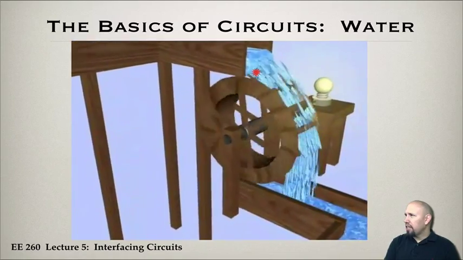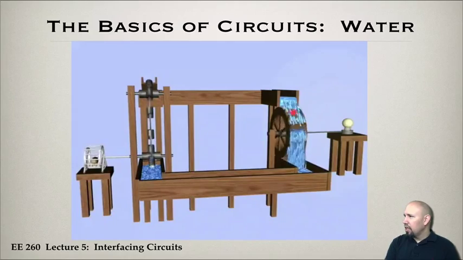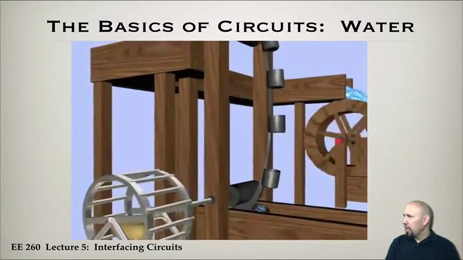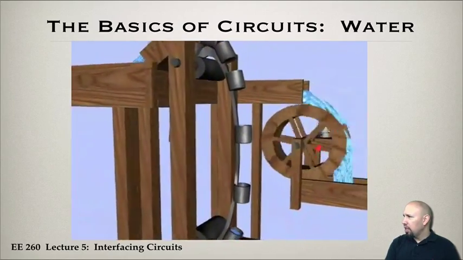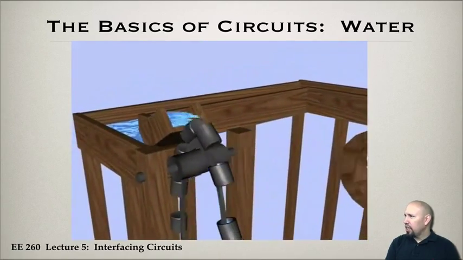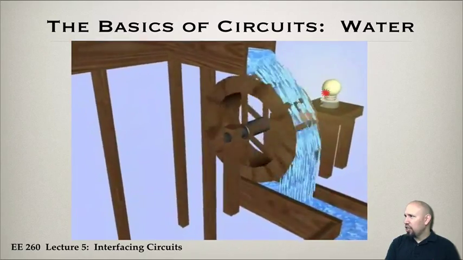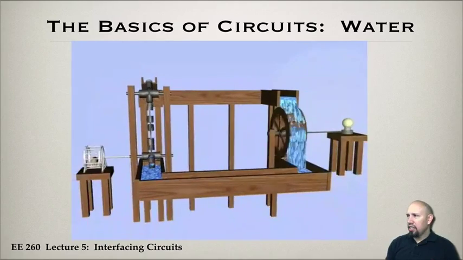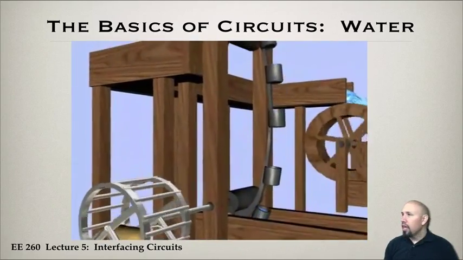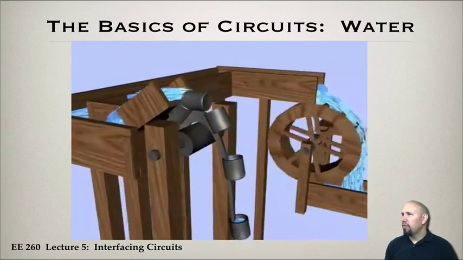Here, the water takes this mechanical motion and converts it into rotary motion. That rotary motion through the generator in the hub gets converted to electrical energy. The electrical energy then gets converted into light energy, and the light energy then just dissipates. It goes away. So that's the process of energy conversion.